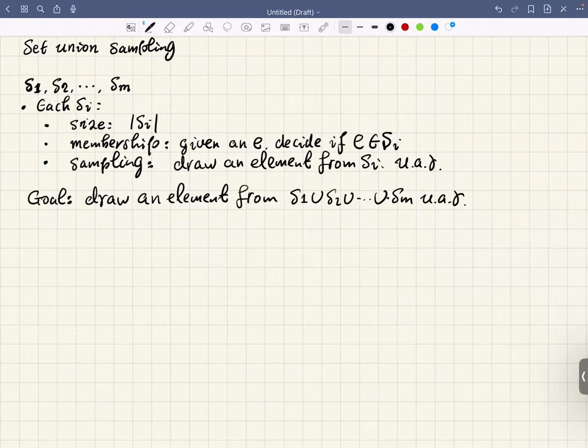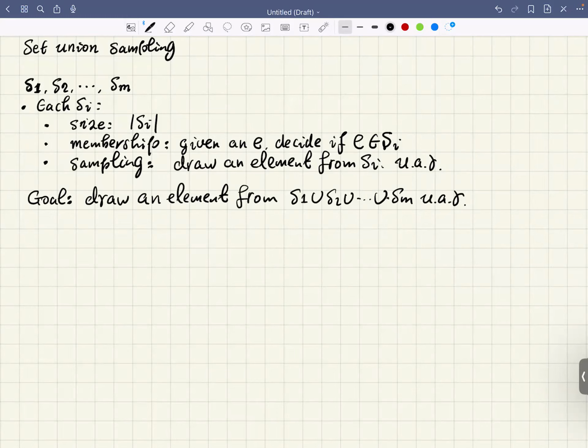Suppose at this level you have decided you should sample from S1. That is the first step: you first draw at the set level, and let's say S1 is what you get. What will be the next step? That's simple, it's straightforward. You go into S1 and then do the sampling within S1.